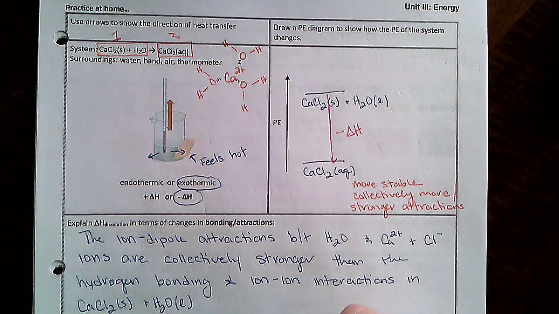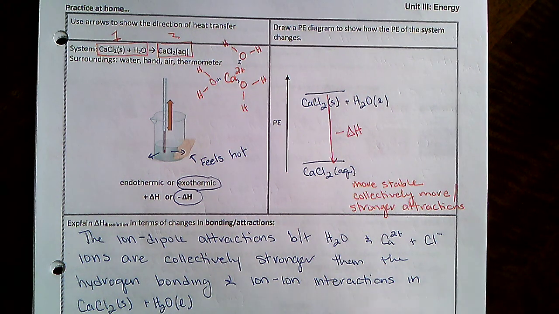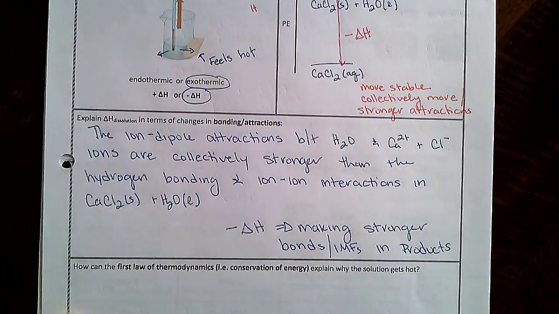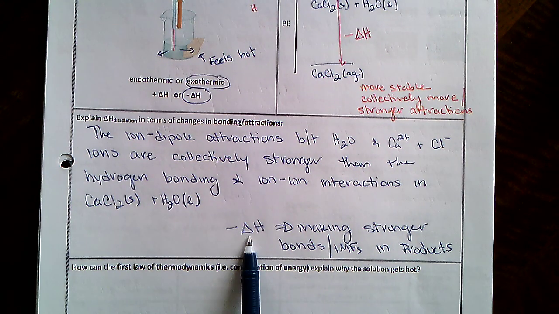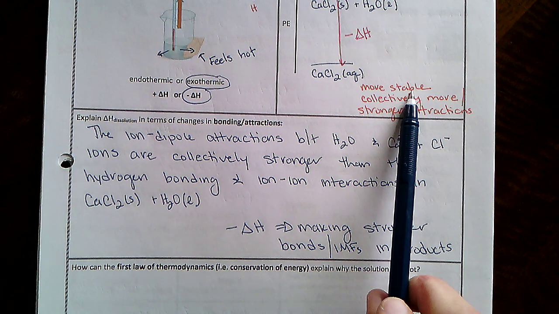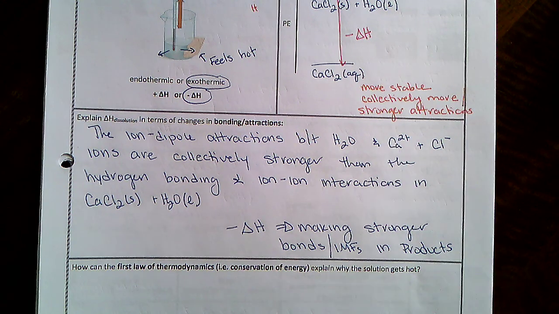You're making stronger bonds, or in this case IMFs, in the products. This is the way to interpret what a negative delta H is. You made some product that's more stable, that has stronger interactions or attractions than the reactant.